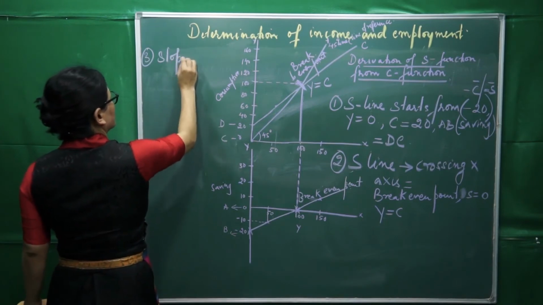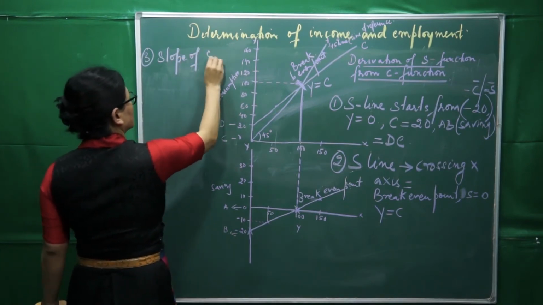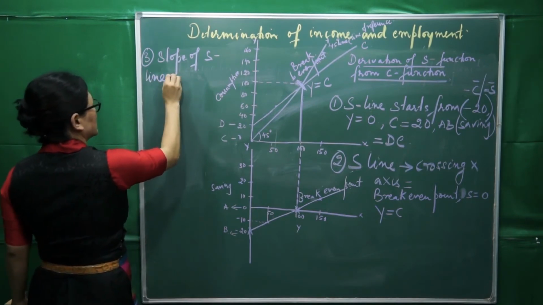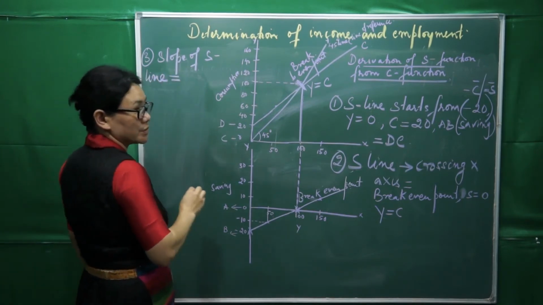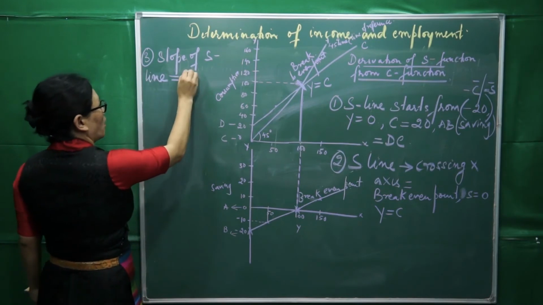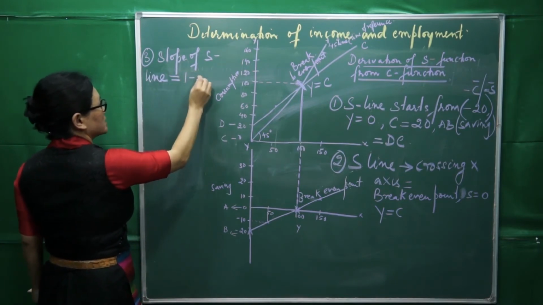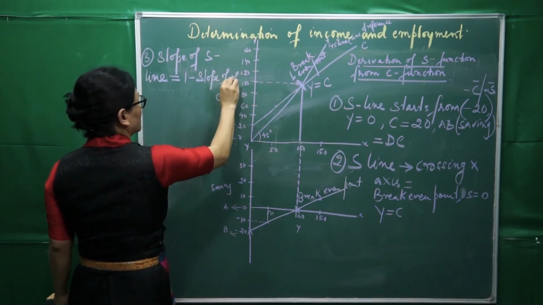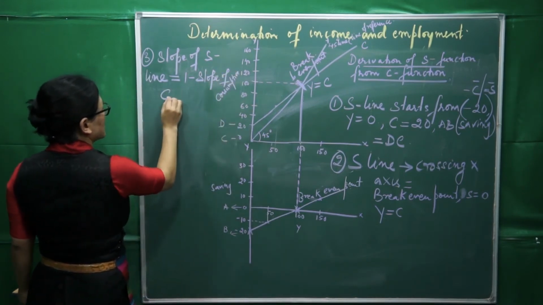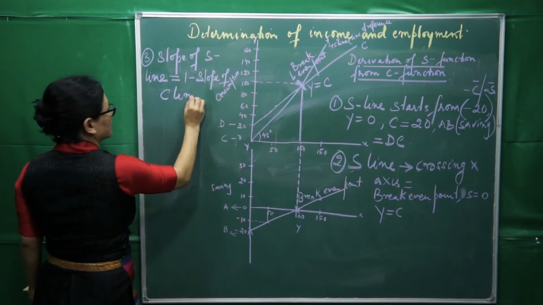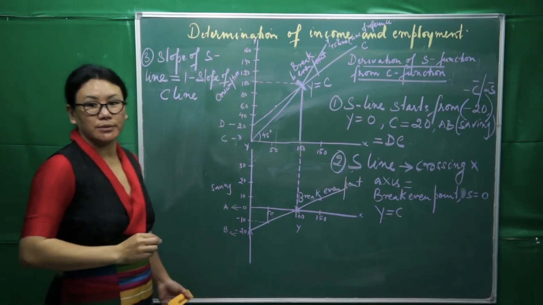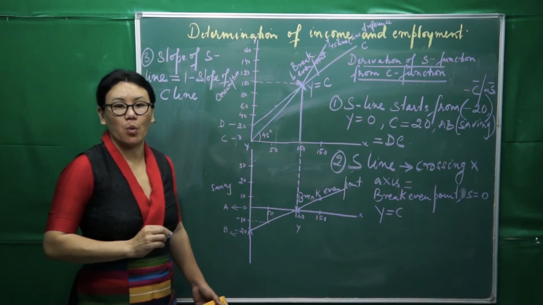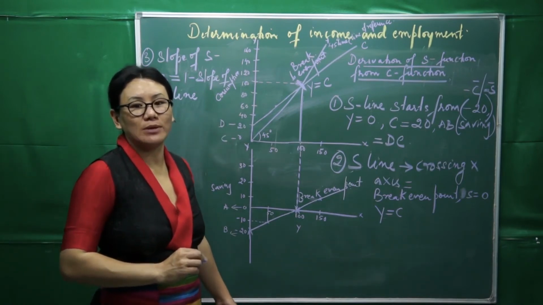The slope of the saving line is equal to 1 minus the slope of the C line. The slope of the saving line is equal to 1 minus the slope of the C line.